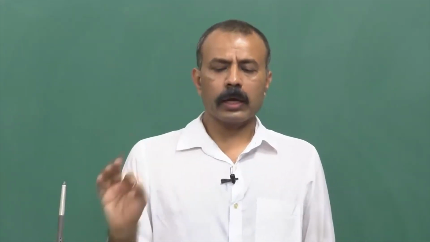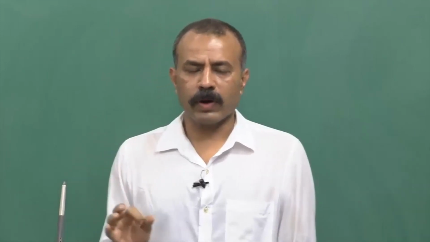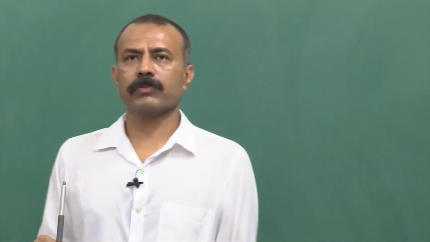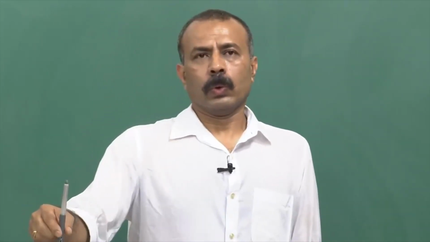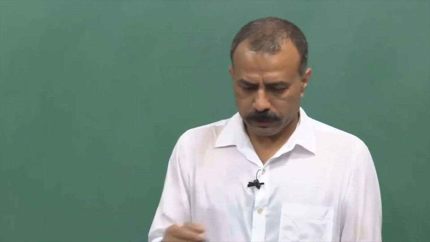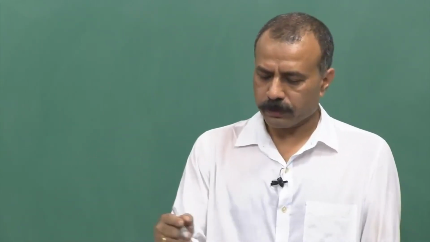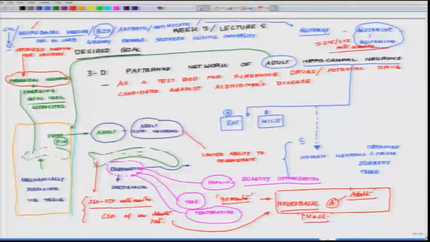So, in the last class of week 5, the 5th lecture, let us have a recap. This is what we were targeting: a 3D patterned network of adult hippocampal neurons as a test bed for screening potential drug candidates against Alzheimer's disease.